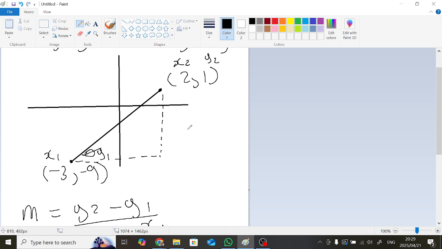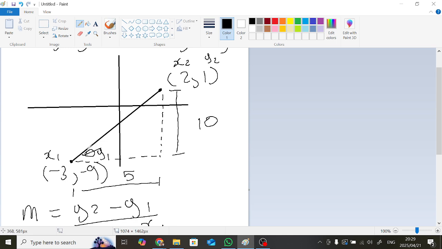If you check, this distance over here is going to be 9 plus 1, which gives us a distance of 10. This distance from here to there is going to give us 2 plus 3, and that's a distance of 5. So we want to calculate this angle.